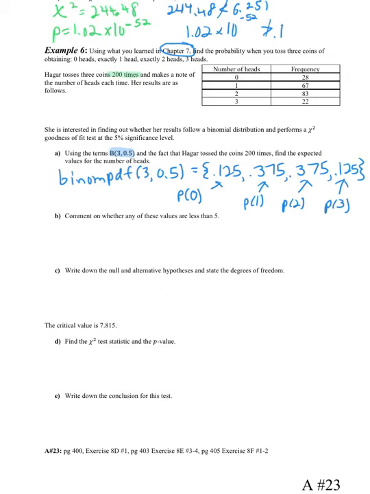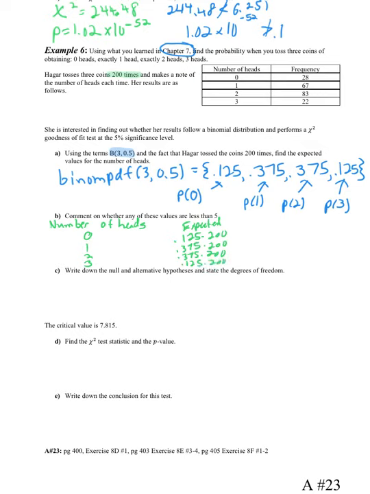So for the number of heads 0, 1, 2, 3, the expected frequency I would do 0.125 times 200, 0.375 times 200, 0.375 times 200, 0.125 times 200.